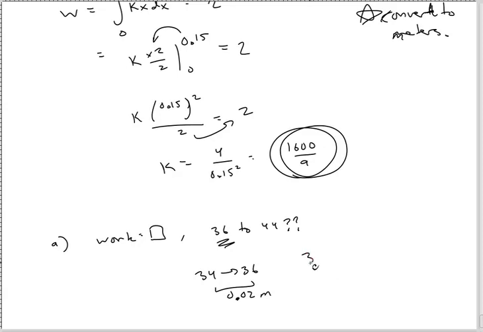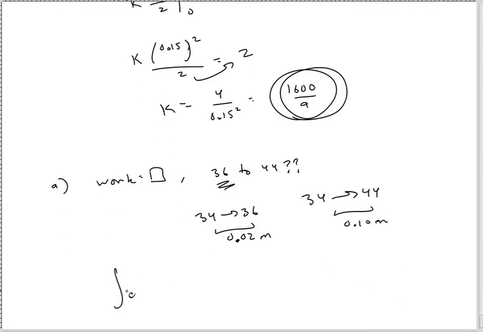And then I'm going 34 to 44, which is 0.10 meters. Okay, and so then I'm going to do the integral for my work, from 0.02 to 0.10 of my K, which I've already found, x dx. And you know how to do that one.